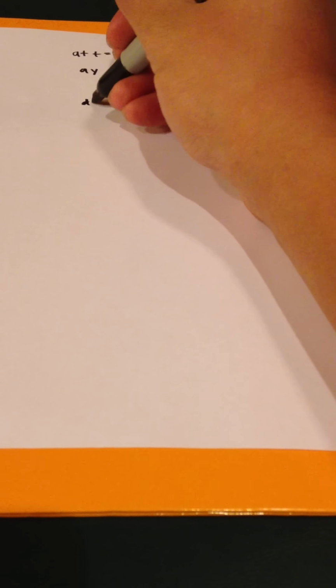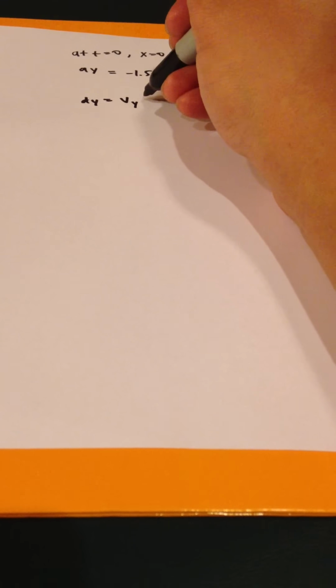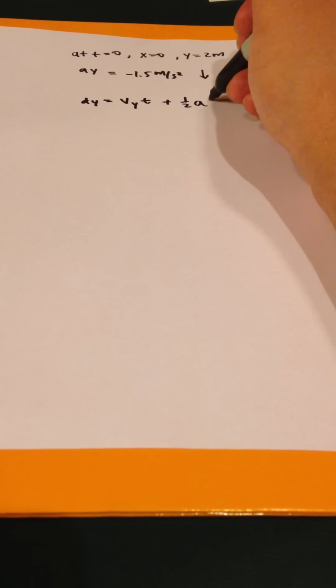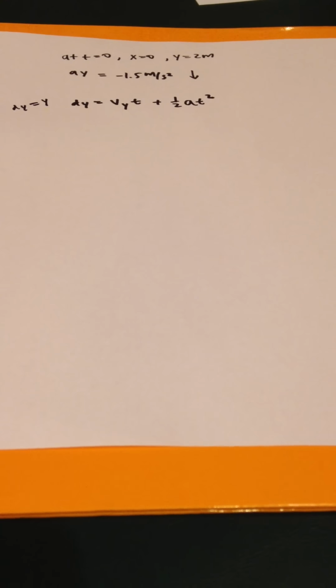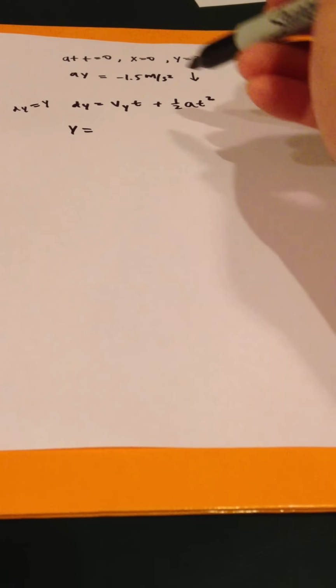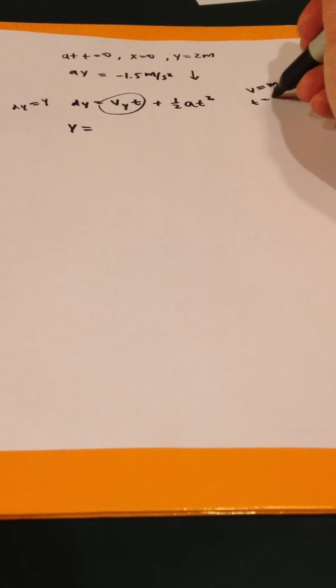And to solve this problem, you have to remember that one of the equations of motion is dy equals the velocity in the y direction times the time plus 1/2 times the acceleration times the time squared.